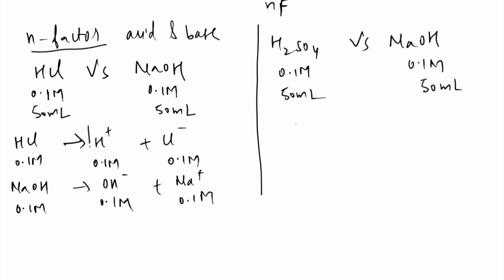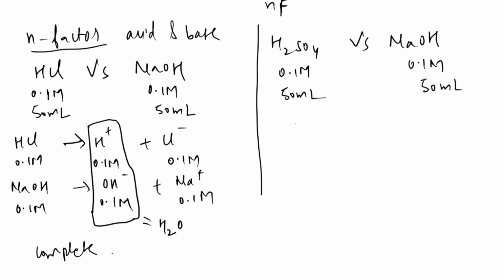Here it is a neutralization reaction. HCl is acid and NaOH is a base. In a neutralization reaction, the H plus ion neutralizes the OH negative ion to give water. Here you can see the volume is the same, the strength is the same, so the exact number of H plus ions will neutralize the exact number of OH negative ions. So there will be complete neutralization.